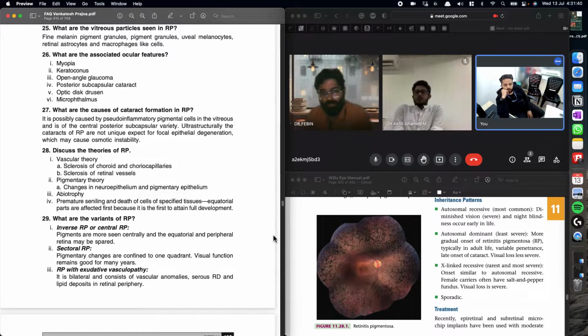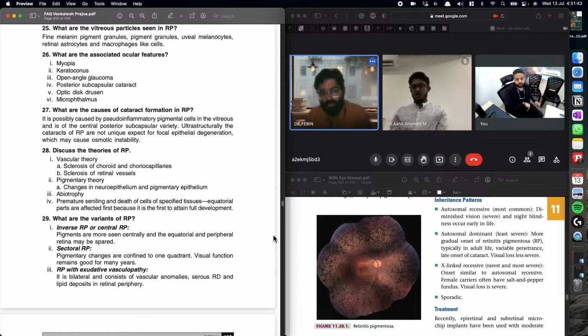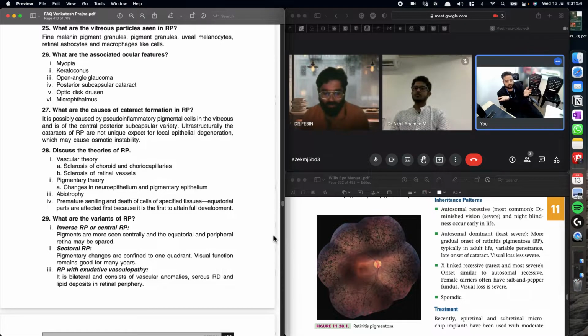Can you explain your point? So you said the father is a carrier or completely affected. Either way, it doesn't matter, because the father has only one X gene. So whether he's a carrier or not, he's going to be expressing it either way.